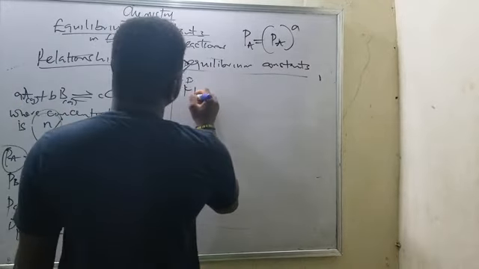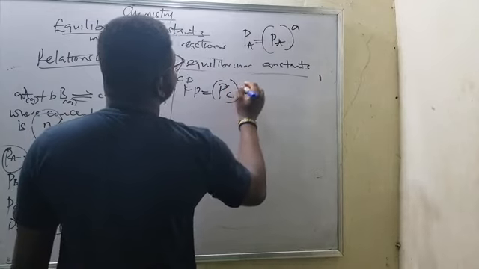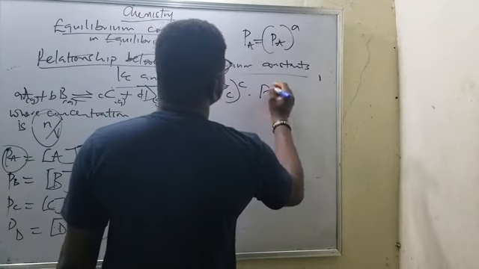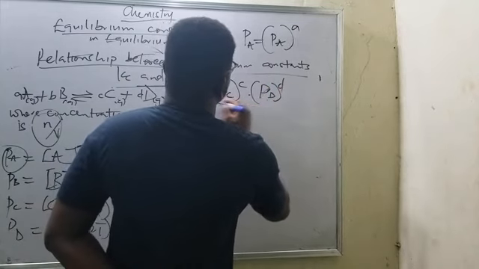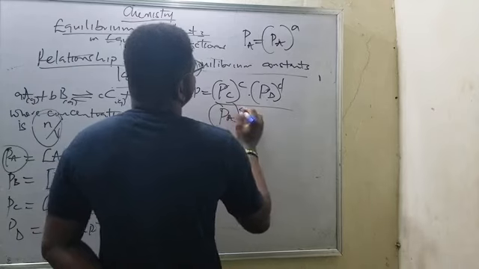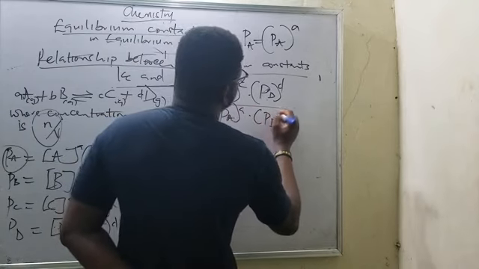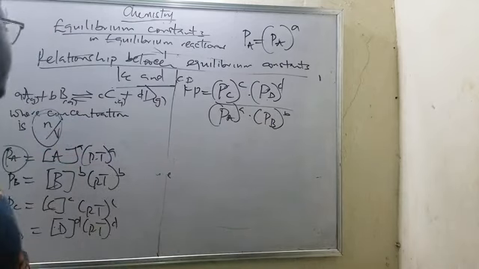Remember, our Kp once again is P of C, P of D, over P of A raised to power of A, and P of B raised to power of B. So we are substituting all of this into this equation.